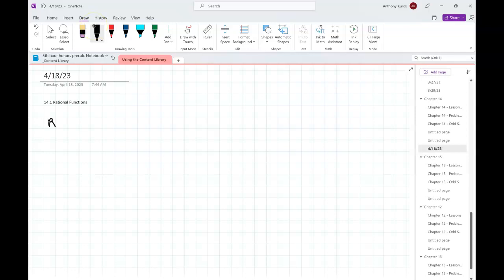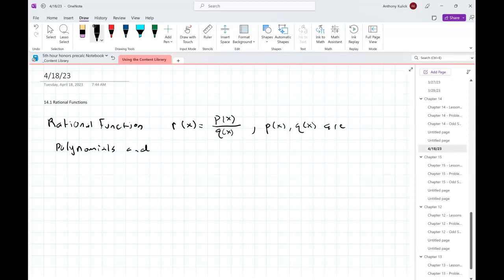So when we talk about a rational function, we talk about something that can be written in the form of a p of x divided by a q of x, where p and q are polynomials. And of course, q of x is non-zero.